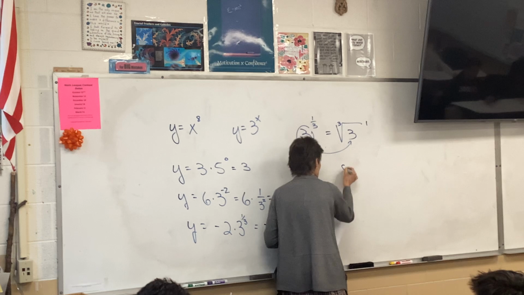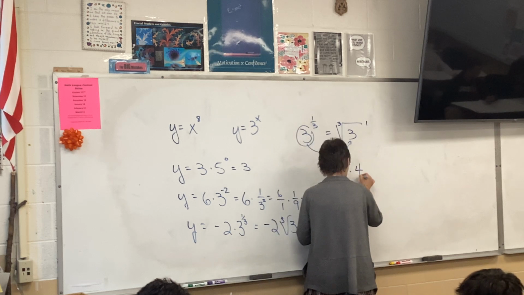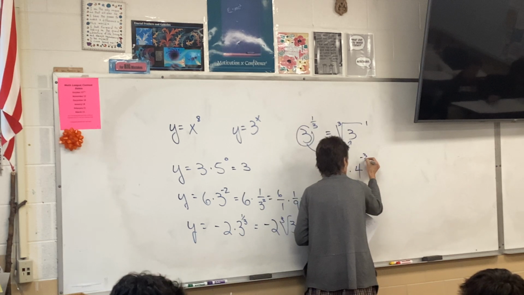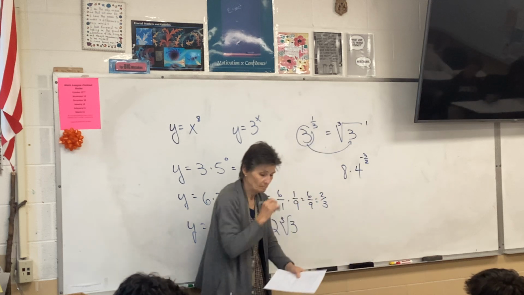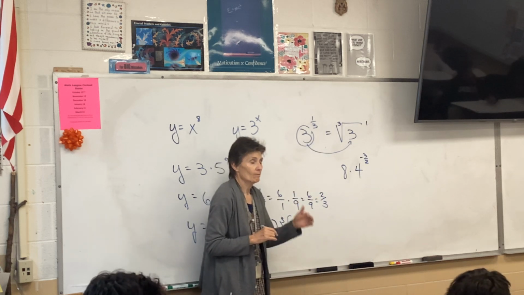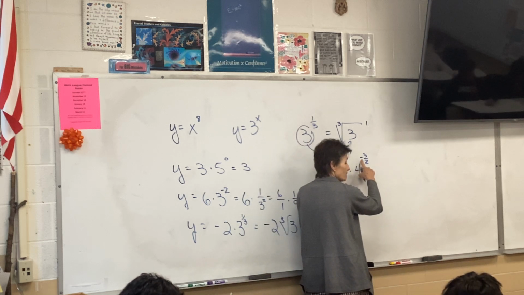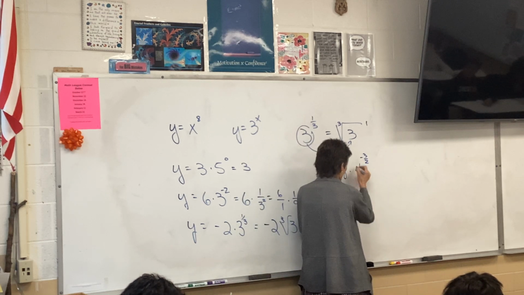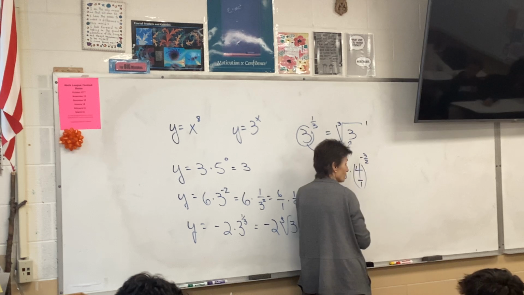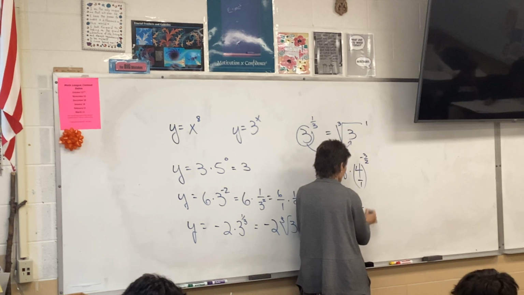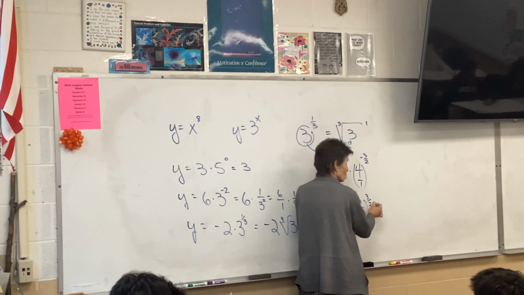Alright, and then 8 times 4 to the negative 3 halves. Now, first of all, let's deal with the negative, Jake. This is 4 over 1 to the negative 3 halves. So it's going to become 1 over 4 to the positive 3 halves.